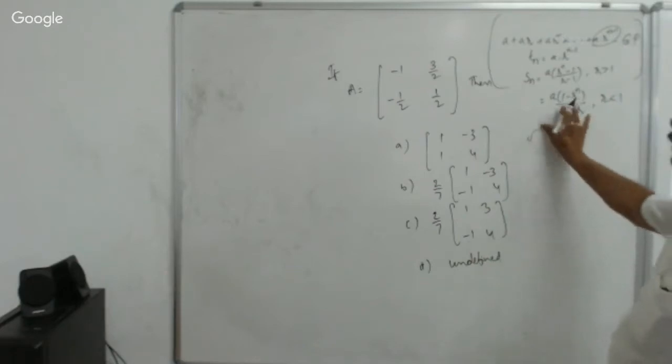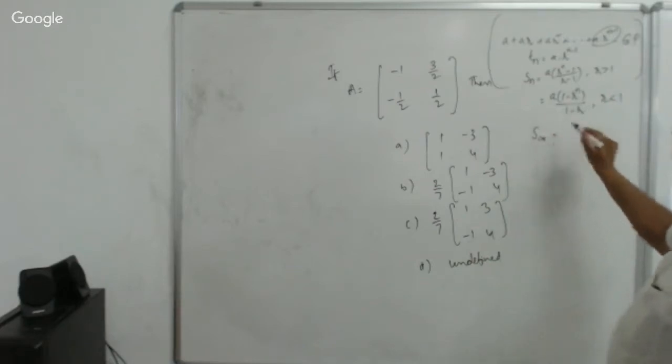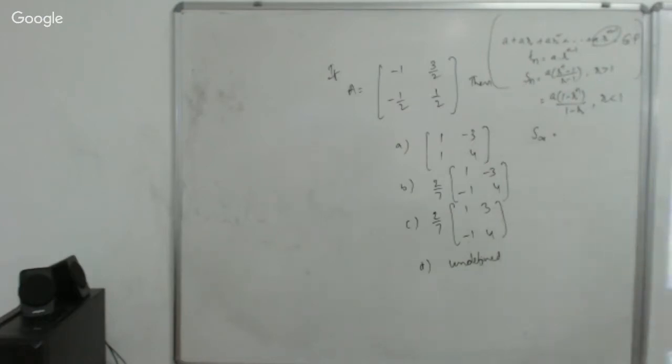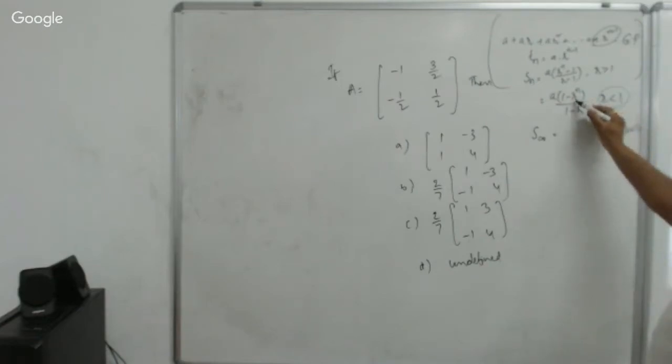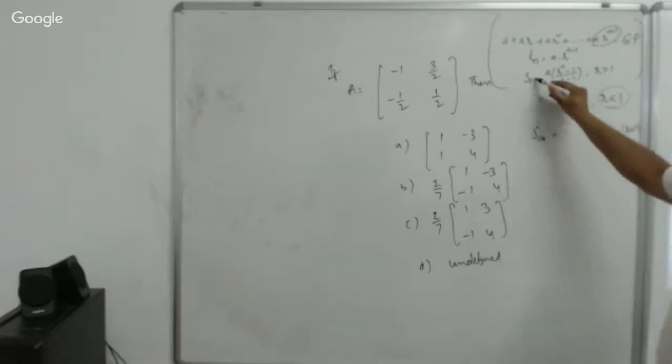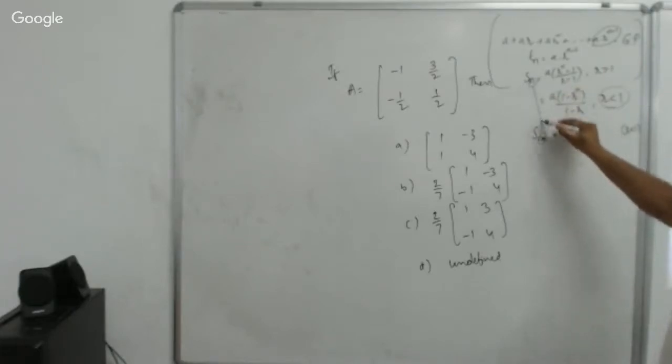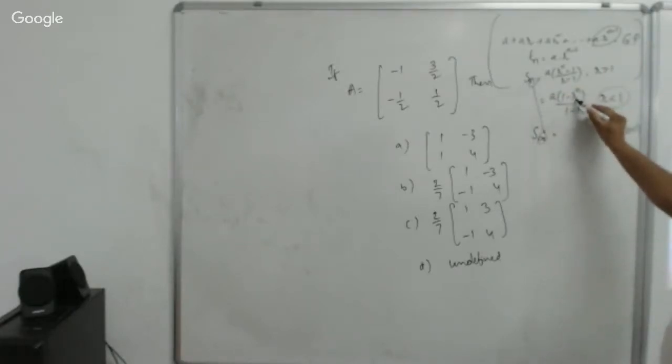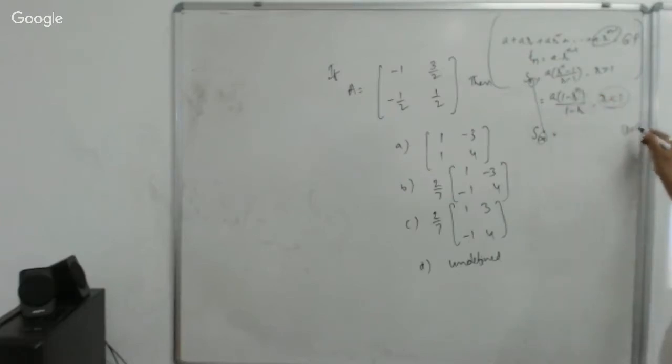Now the sum of infinity terms is possible only when R is less than 1. If R is less than 1 and n tends to infinity, then R power n, less than 1 raised to infinity, is 0.